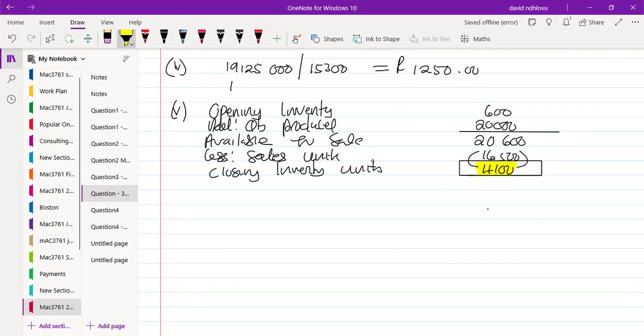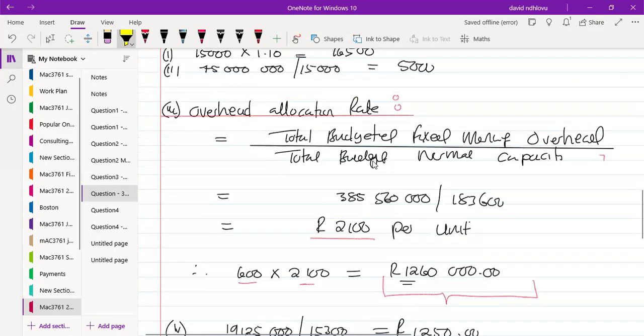So therefore, our cost per unit based on the FIFO method should be based on the cost per unit for the current year. We shouldn't include any cost of opening inventory. Then we can say, what is the cost per unit for the current year?